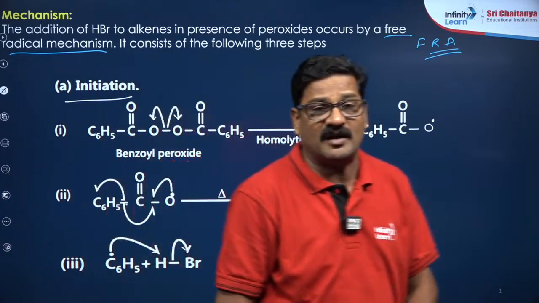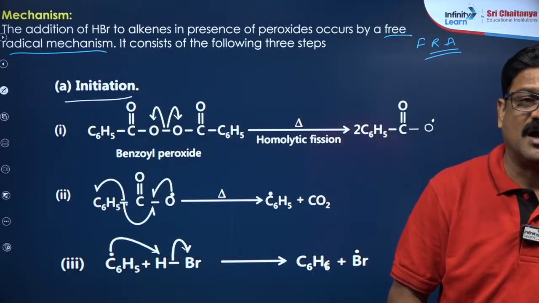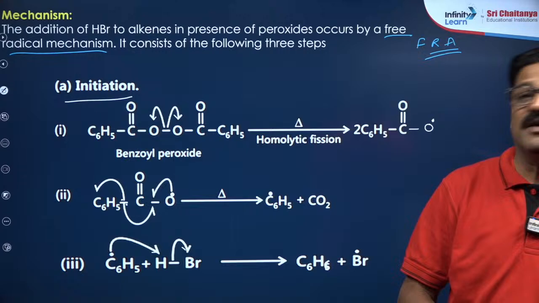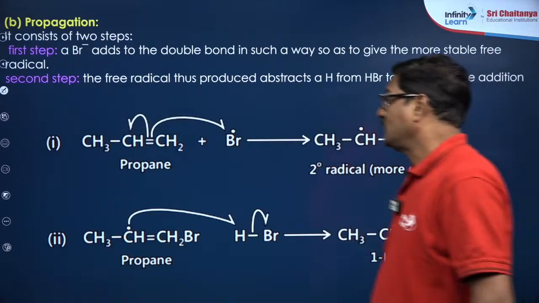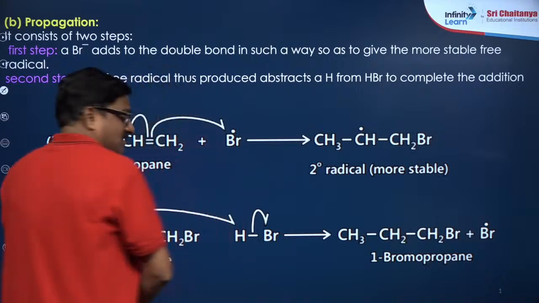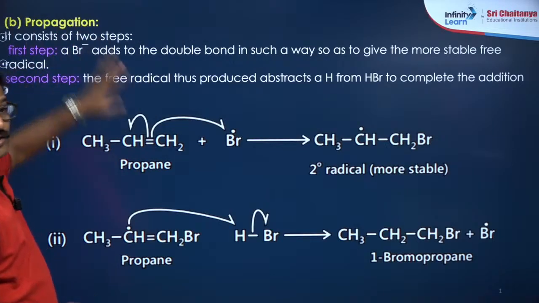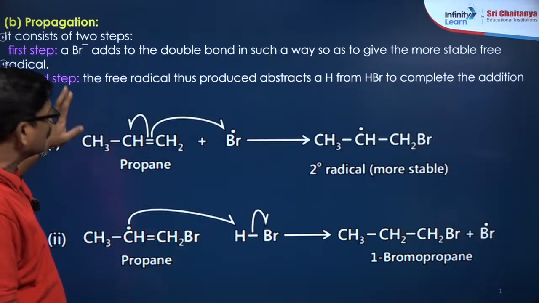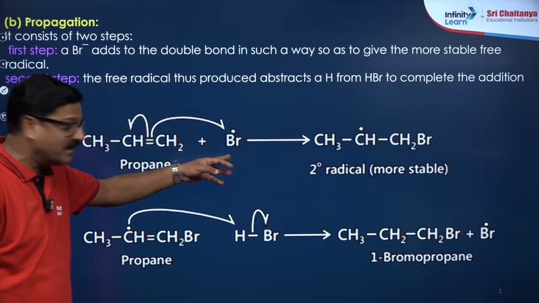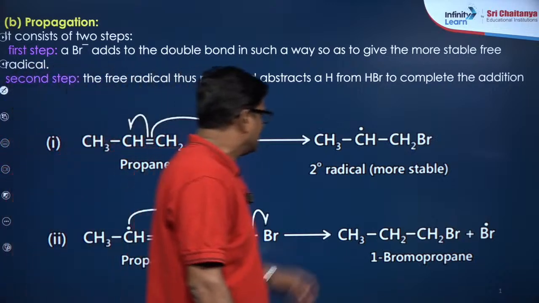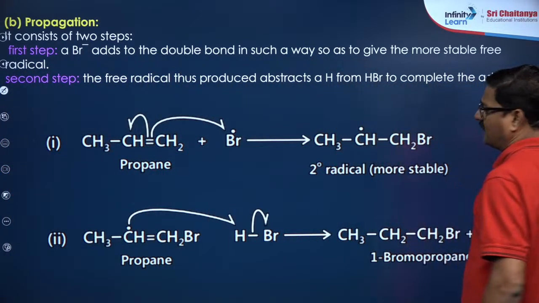In any free radical mechanism, children, there are three steps: initiation, propagation and termination. So this was initiation, now we are into propagation. In this propagation, two steps are there. Step 1, the bromine free radical attacks the alkene to give a more stable free radical, a secondary free radical.